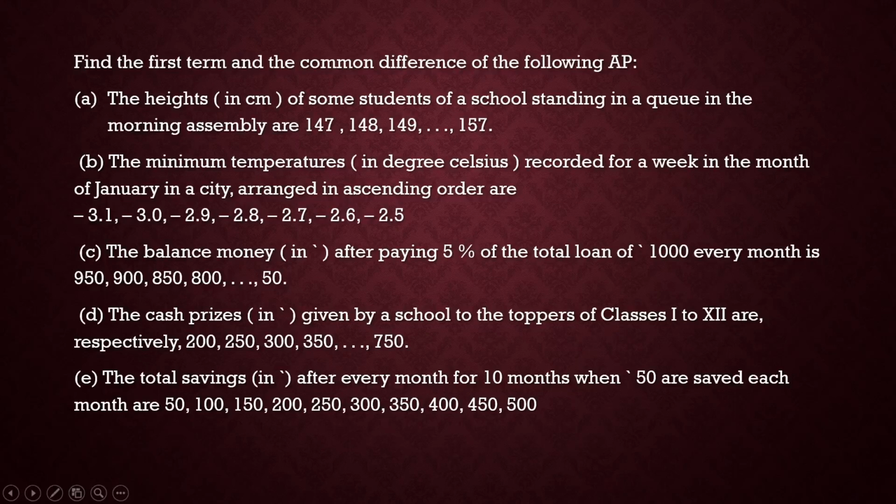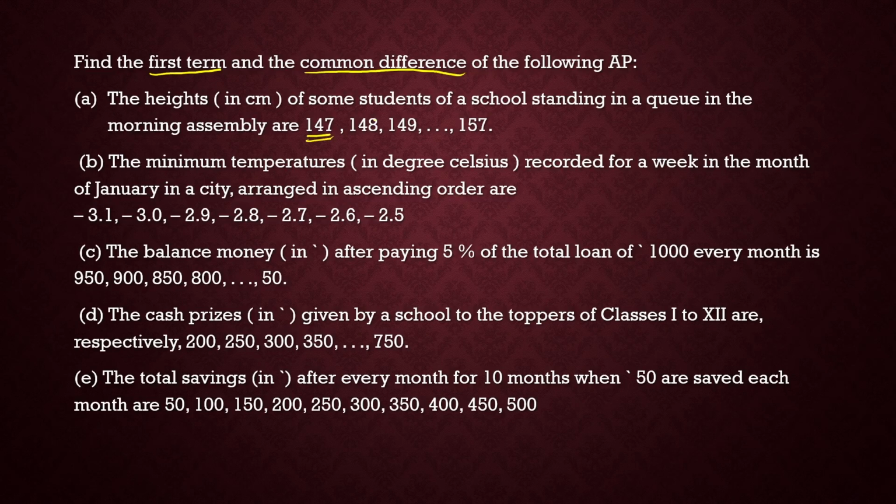Okay. So now here, find the first term and the common difference of the following APs. Okay, you have to find the first term. So the heights of some students of a school, standing in a queue in the morning assembly, are given to you. Okay, so the first term is obviously the first one.